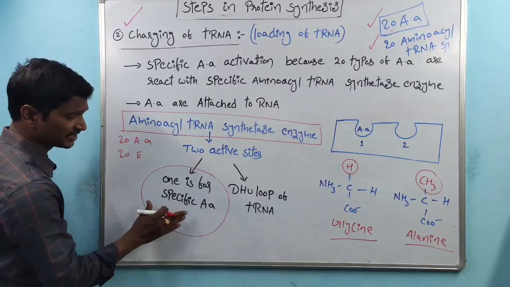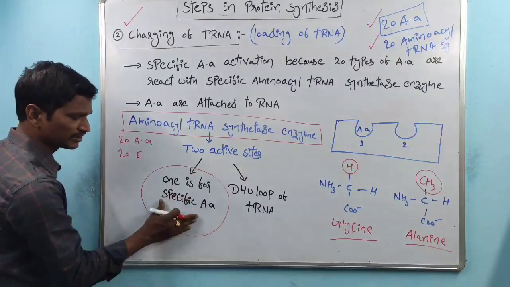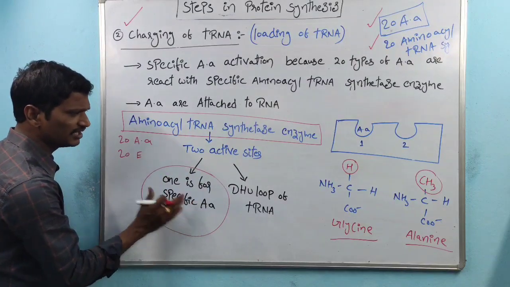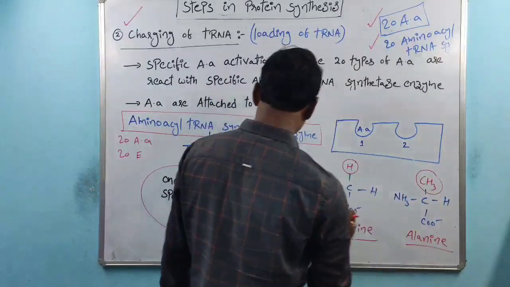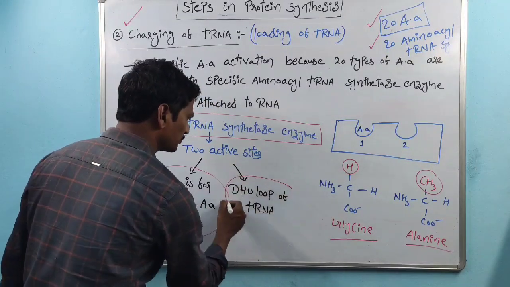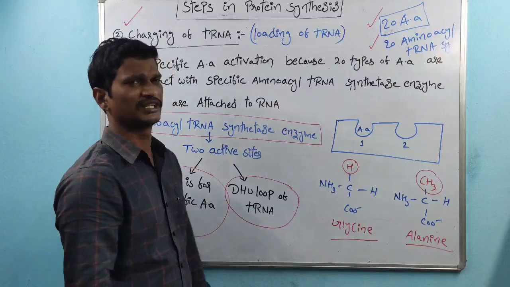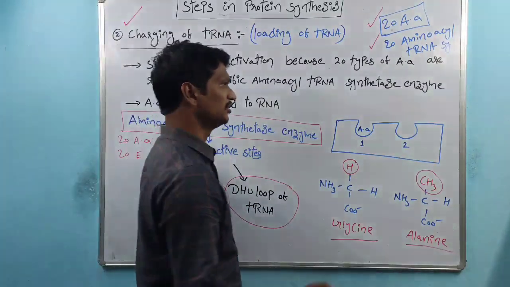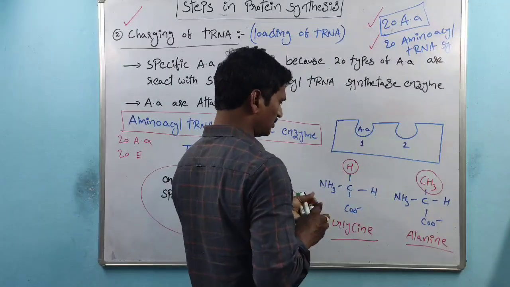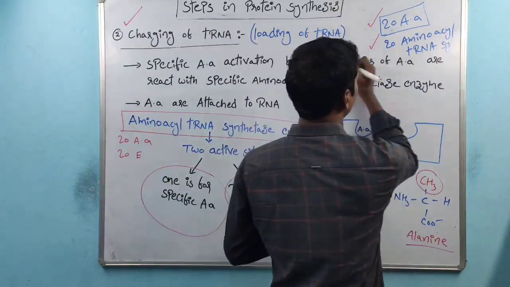That is the explanation regarding active site 1. And coming to the next one, this is the second active site. We already discussed that the enzyme has two active sites. This is the best example, tRNA synthetase enzyme.